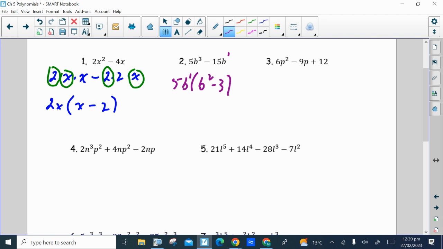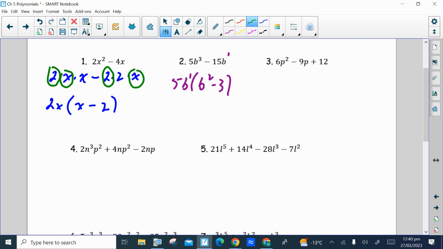Okay, looking at number 3, you've got a trinomial there. We're looking for the greatest common factor. So before we pick out the greatest common factor, you should recognize that there is no variable p for the last term. So that means there are not p's in all 3 terms.